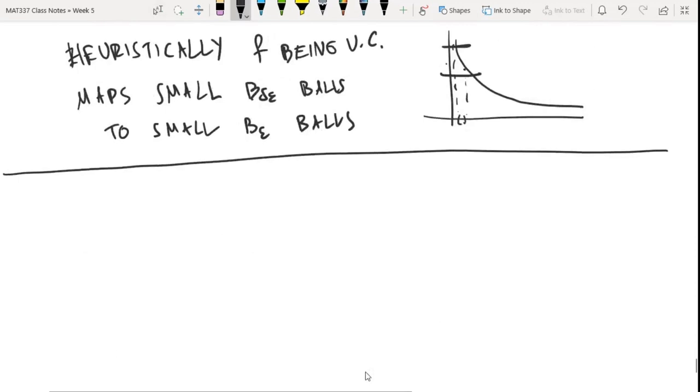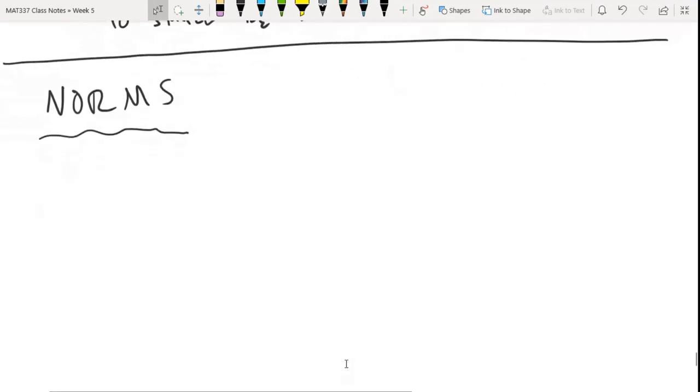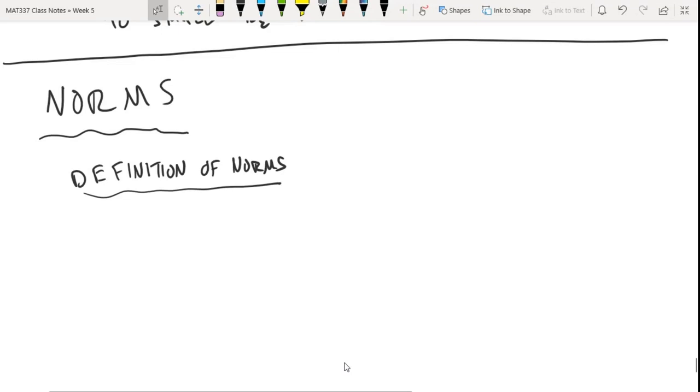So we're going to go into norms. We'll define it and do some examples. And that will be it for today. So definition of norms. We have 3 properties.